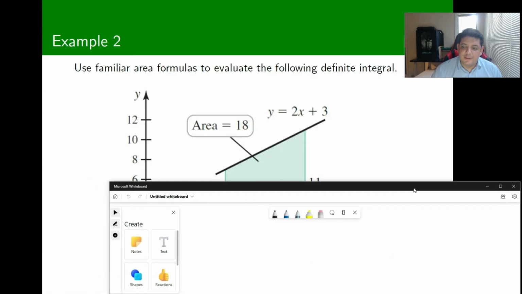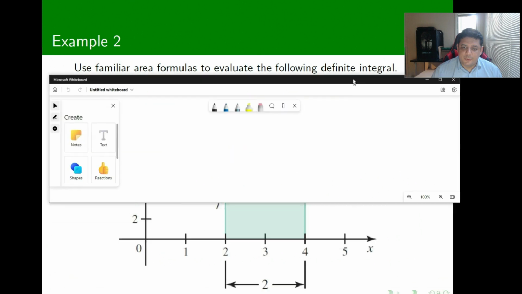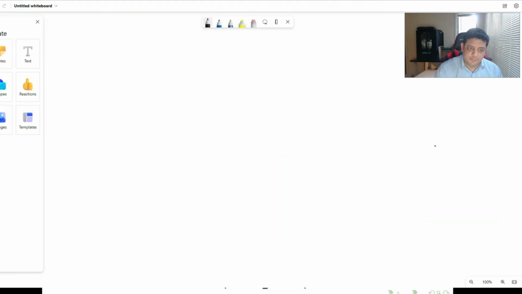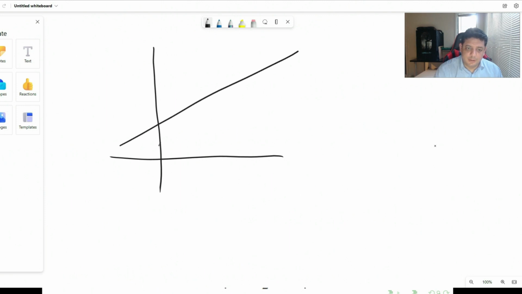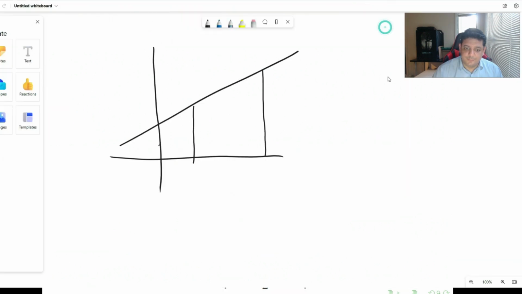Okay, notice that this is a line, and it's between 2 points. So we have this situation, and the points are 2 and 4.